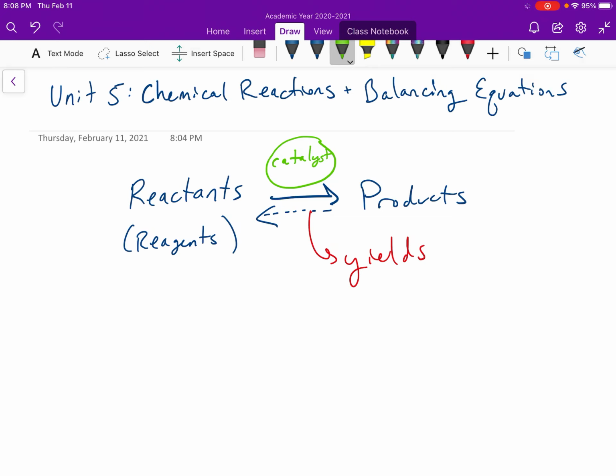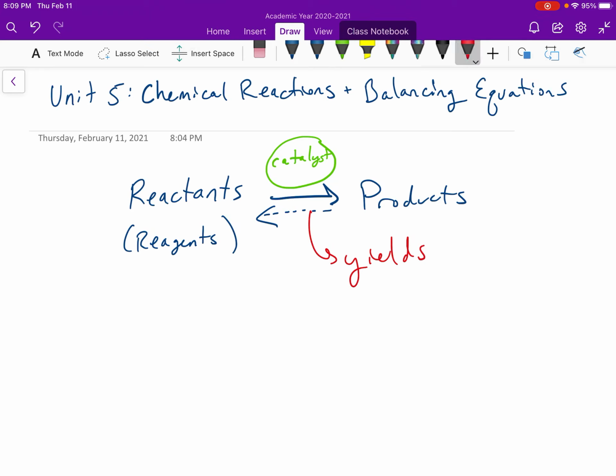Examples of catalysts are heat, some heavy metals like platinum, lead. Lead is a good example, okay? So you might see something written above an arrow, and that just means it's a catalyst, not part of the reaction at all. It's just there, okay?